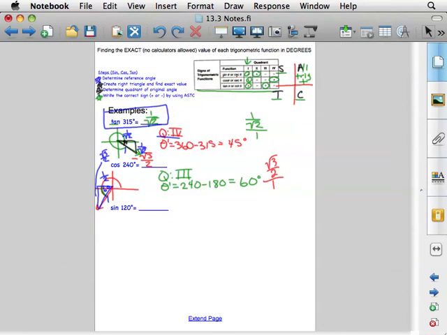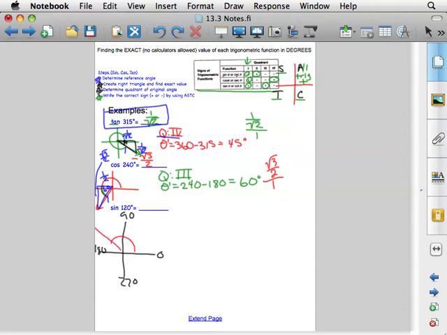We'll do one more. We have the sine of 120. First we can sketch our angle. We know we have 0, 90, 180, and 270. If you need to write this on all of them, that's fine. Sine of 120: we're coming past 90 and not making it to 180.